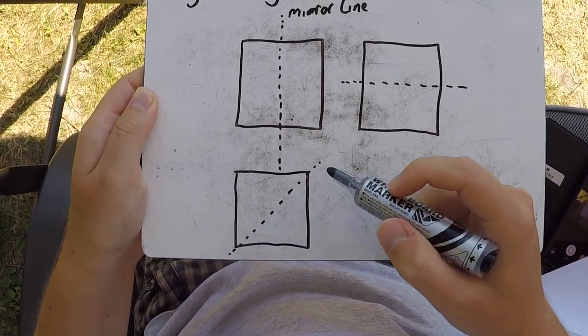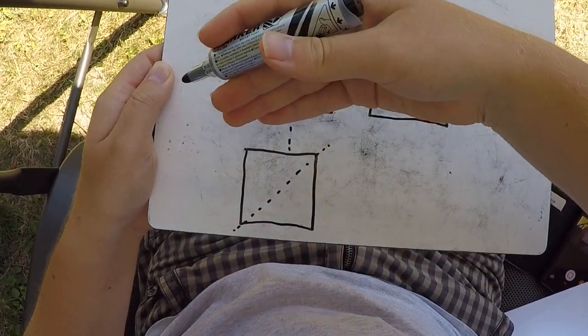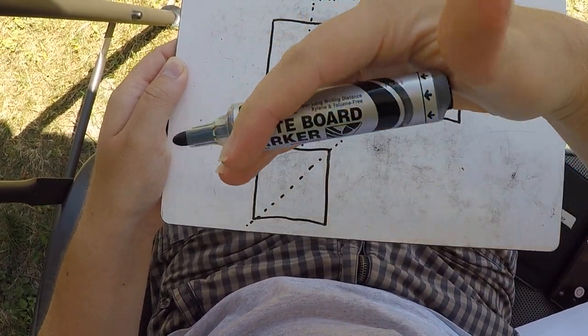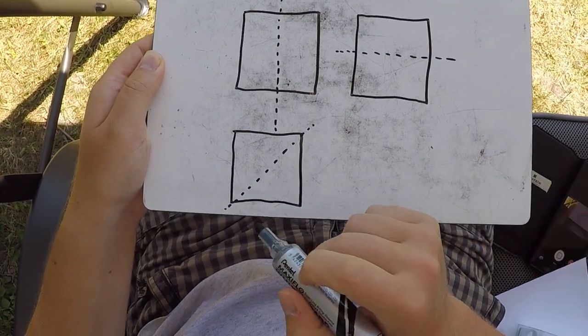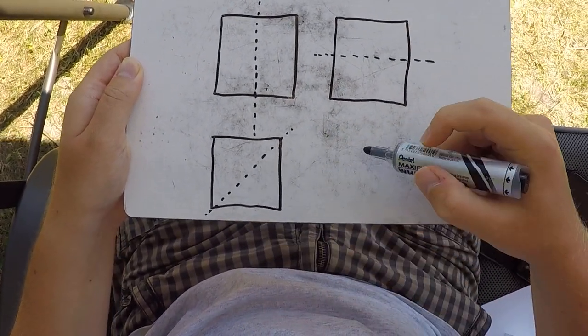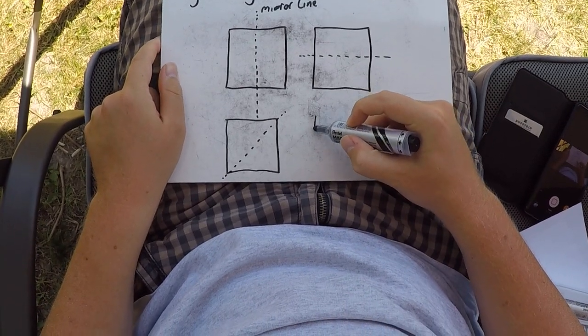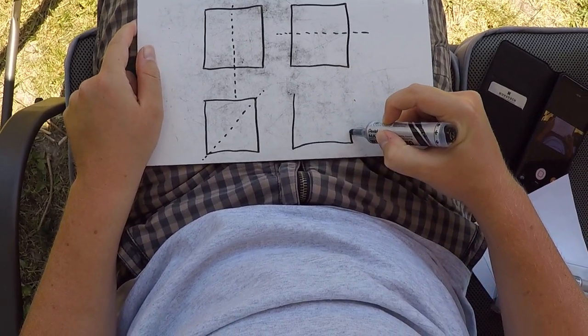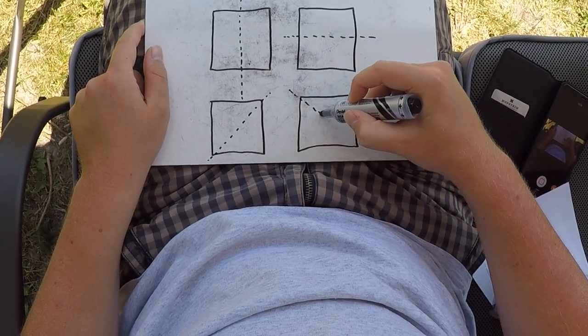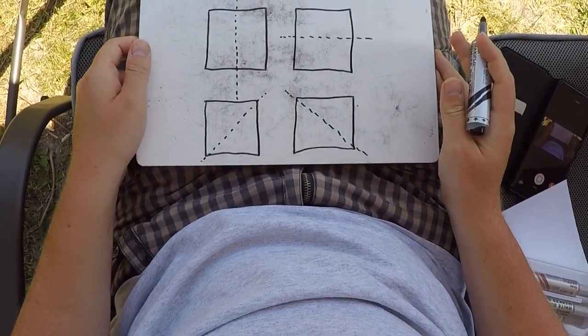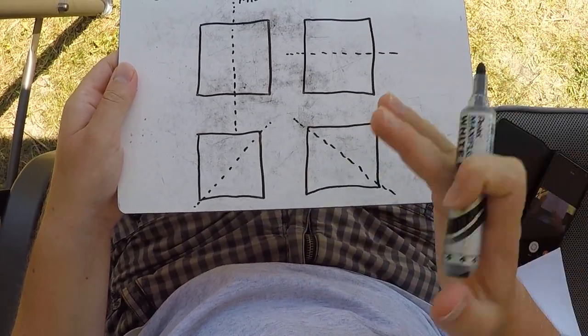So we can go corner to corner because we can fold it diagonally, and we know that this triangle is going to lay exactly on the triangle on the other side. And if we know that there's a line of symmetry going that way, there must be a line of symmetry going this way. Again, it will be the same on both sides.